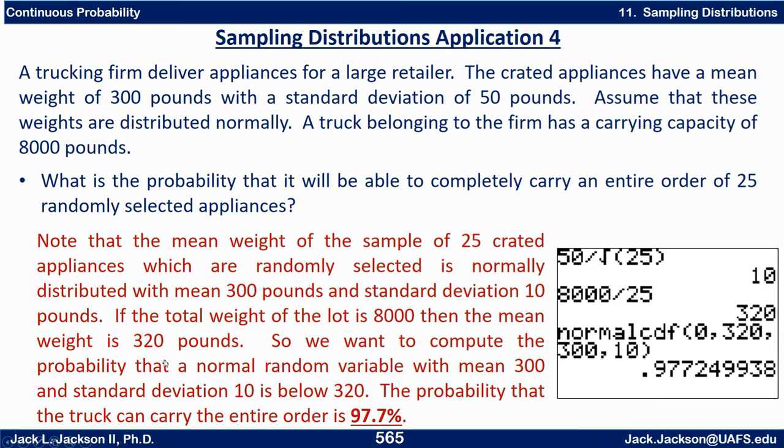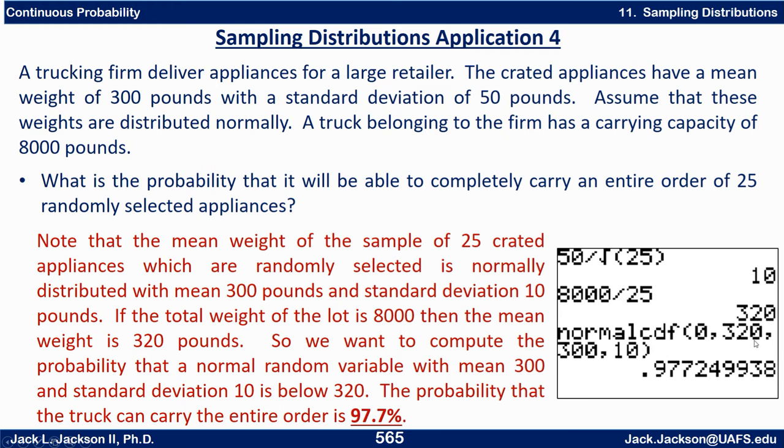So what we want to do is to see if we're going to be able to carry it. It's got to be 8,000 or less, which means on average it has to be 320 pounds or less per item. So what we want to compute is the probability that a normal random variable with mean 300 and standard deviation 10 is below 320. That's done as a normal CDF. Instead of putting in negative infinity, we know the lowest weight is 0, so we're just going to put that in.